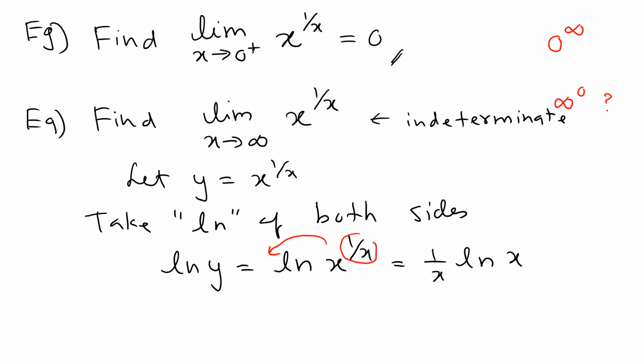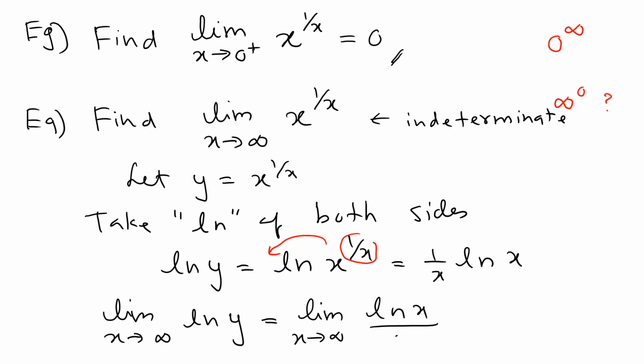Now we can take the limit. Let's say the limit when x goes to infinity of ln y. So we take the original limit, and you can write this as ln x over x.